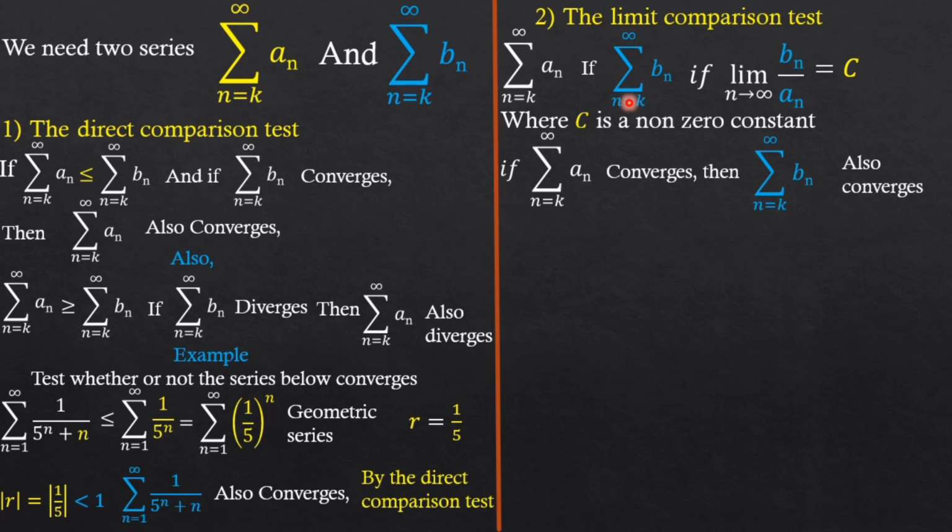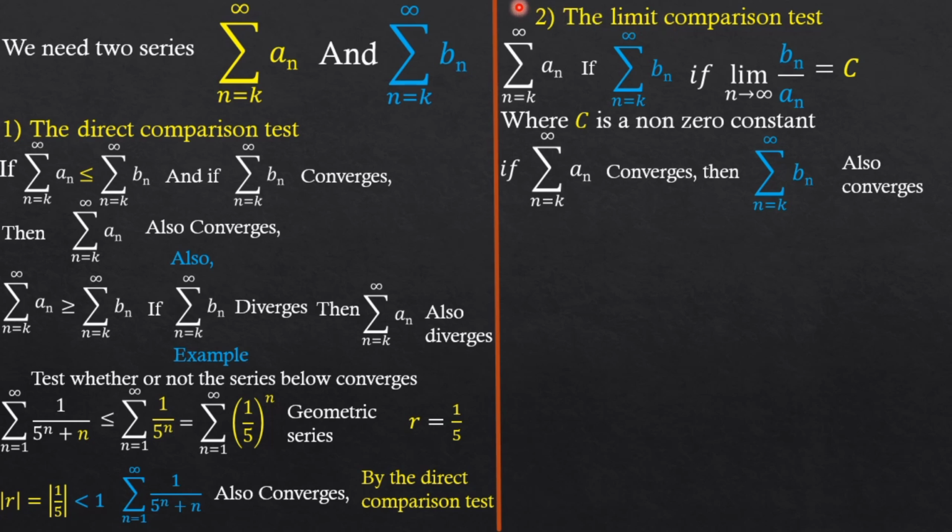All right, guys, I'll take it again. If we have a series from n equal to k to infinity of an, then we have a series from n equal to k to infinity of bn. Our goal is to test if bn converges.